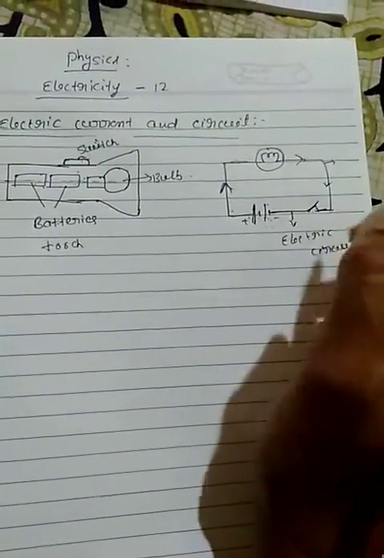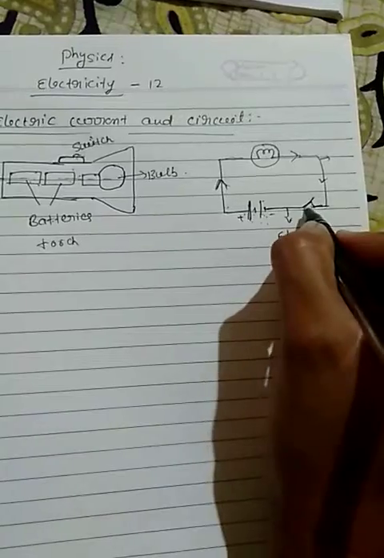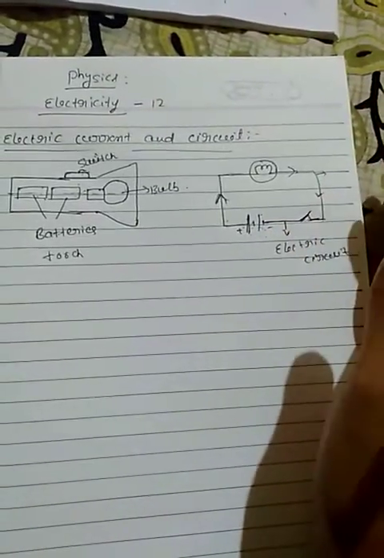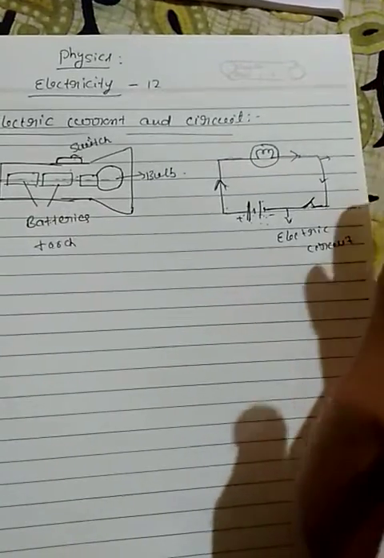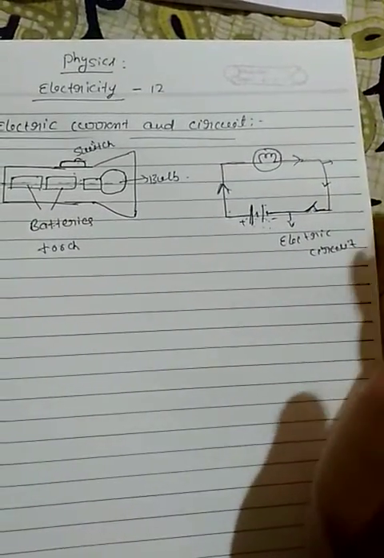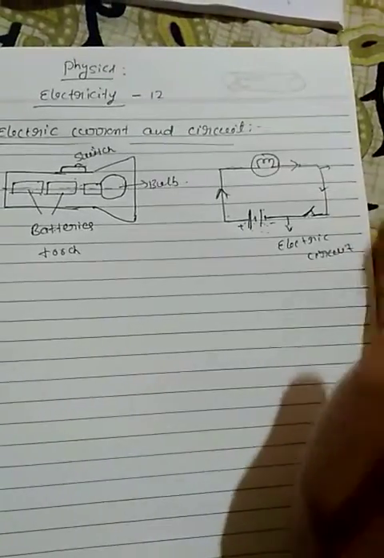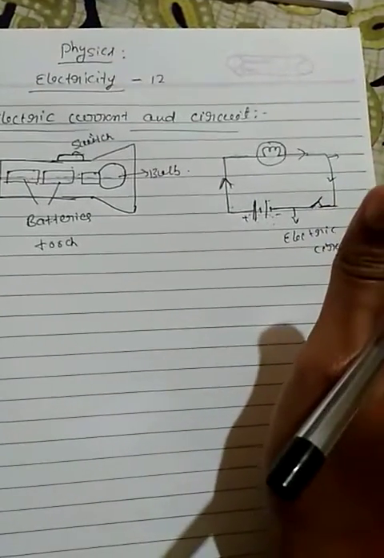If the circuit is broken anywhere, if it is open, that means the circuit is broken, so what happens? The current stops flowing and the bulb does not glow, when the circuit is broken anywhere.